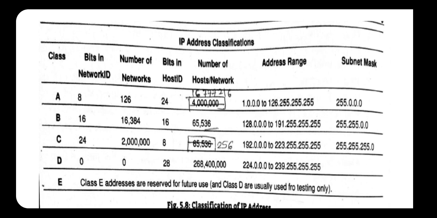The default mask for class C is 255.255.255.0. Then D is for multicasting and E is reserved for future use. It is used for testing only.